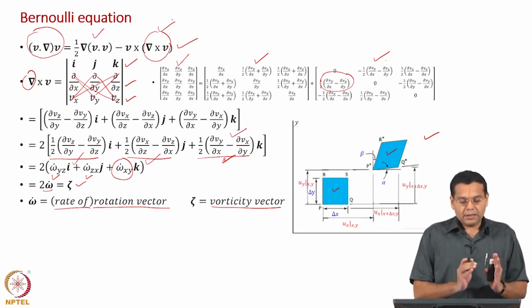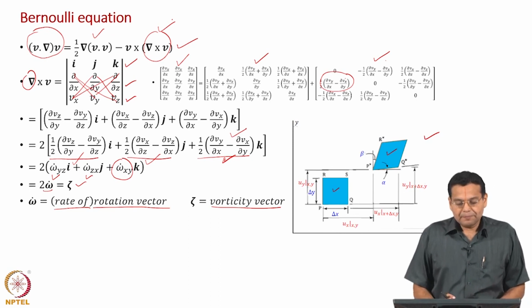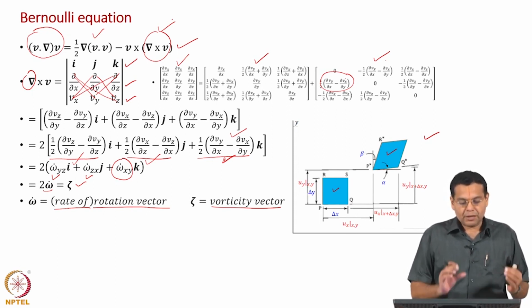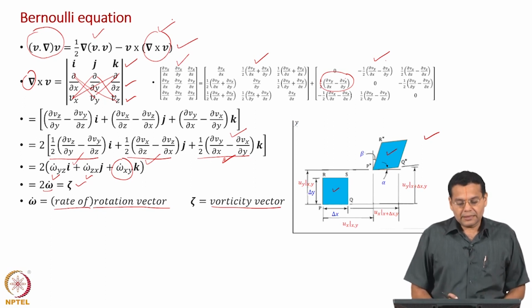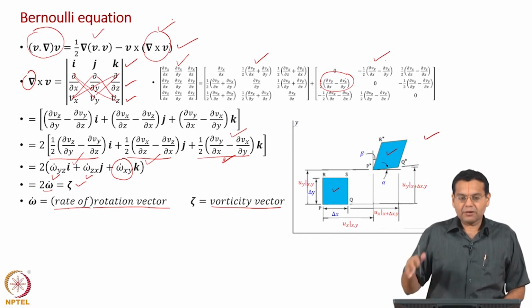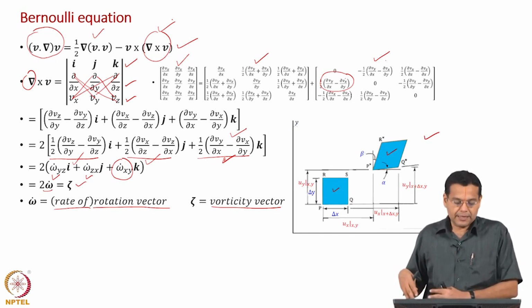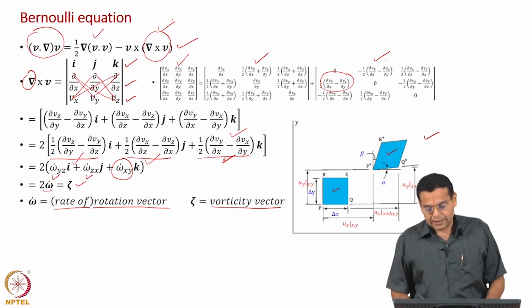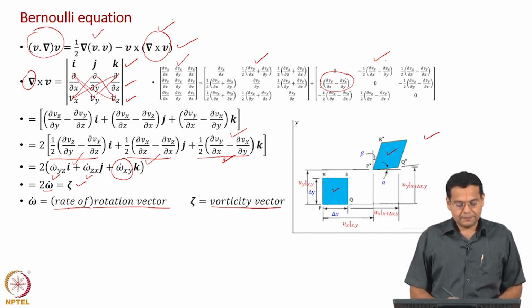We know that del cross V is the curl of V, and we started with the determinant expression, expanded that, and found that the components of the del cross V vector are nothing but the rate of rotation of the fluid elements in the 3 planes.